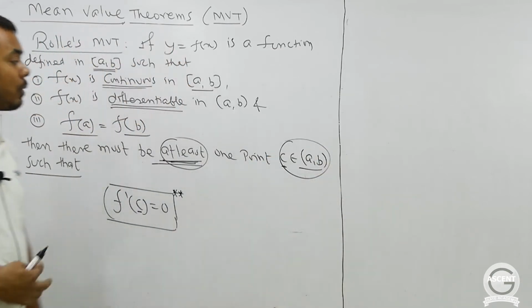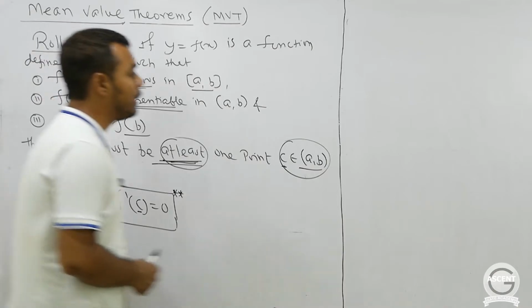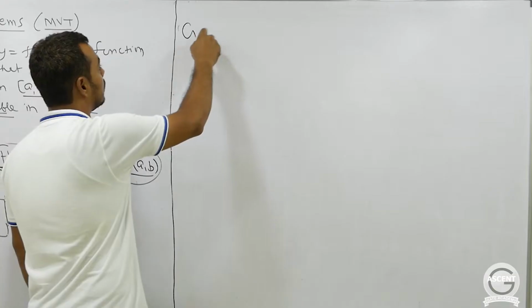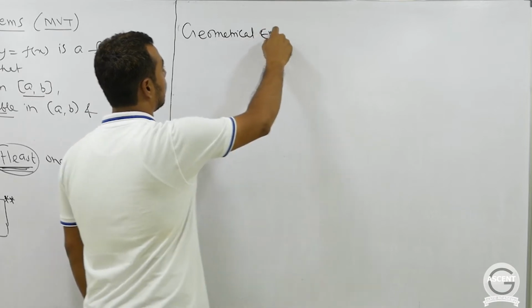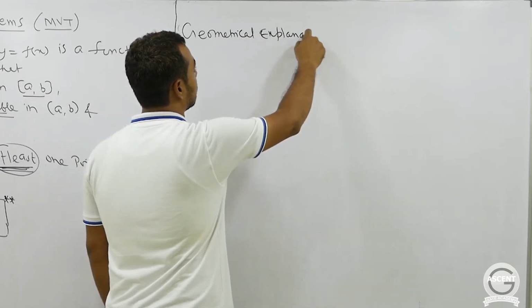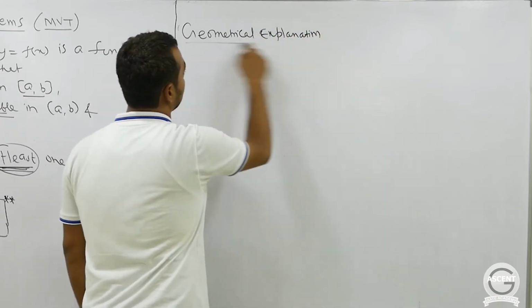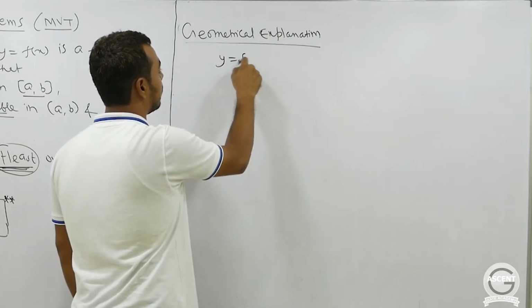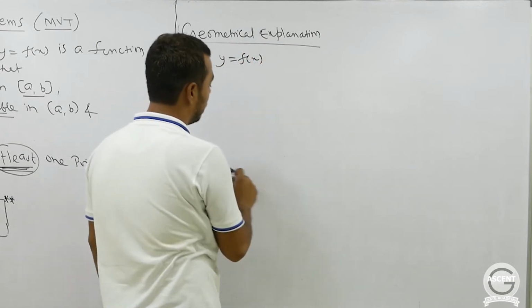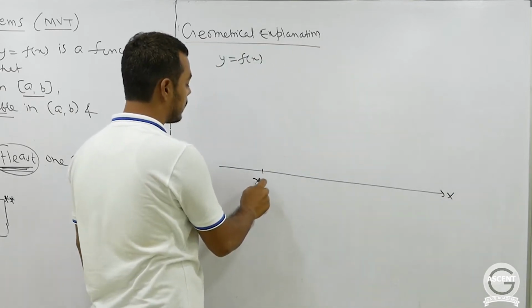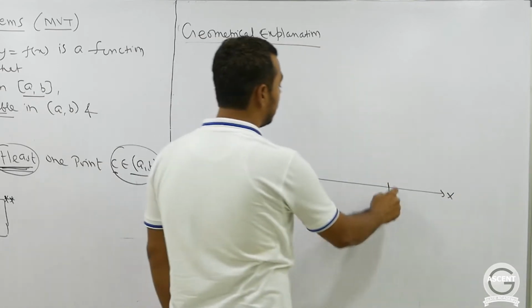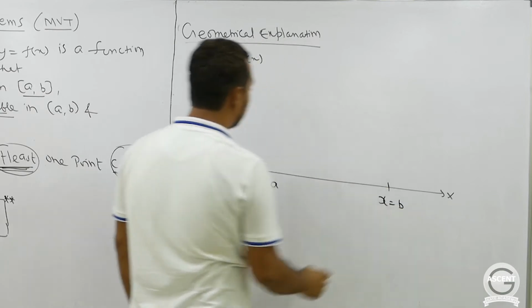Okay, so now we are going to see the geometrical meaning of this Rolle's theorem. So geometrical explanation is that suppose we have a function y equals f(x), okay, and there are 2 points a and b, two values of x, a and b, such that f(a) is equal to f(b).